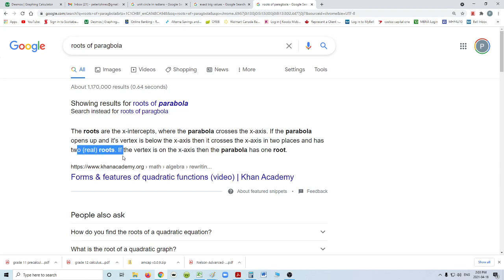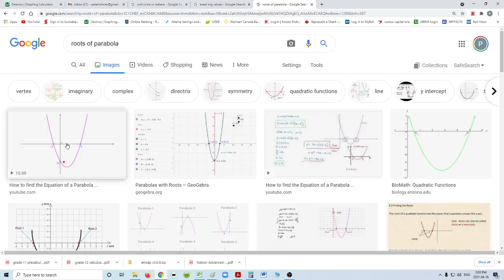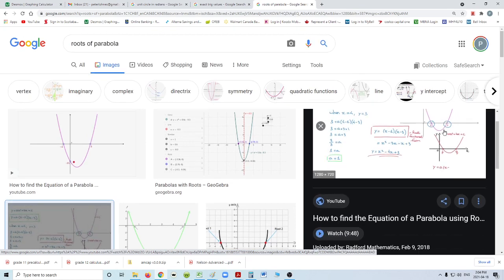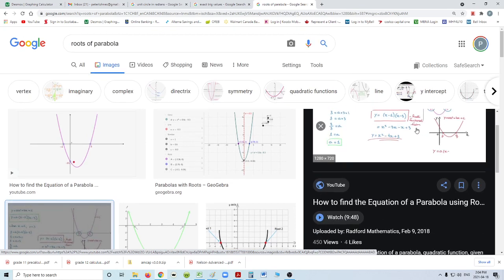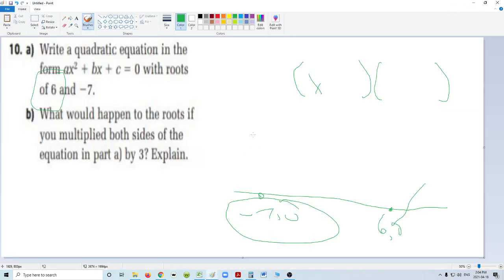Yeah, 2 real roots. So let's just make sure. Yeah. So I'm almost certain the roots in factored form tell you the actual x values.